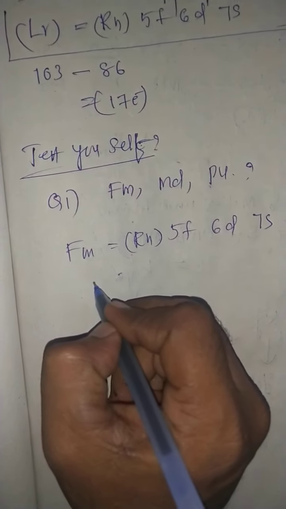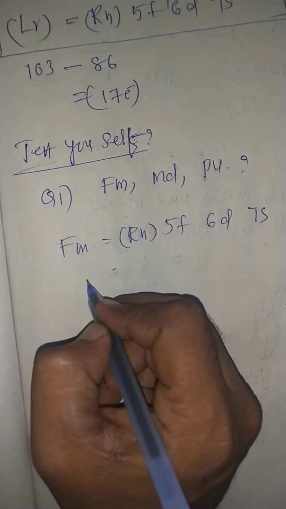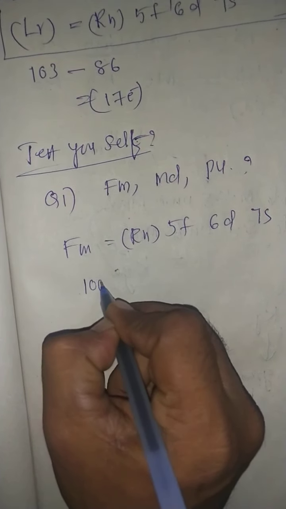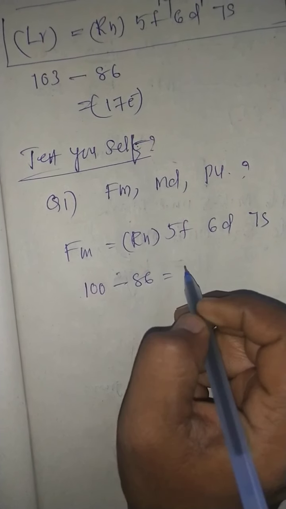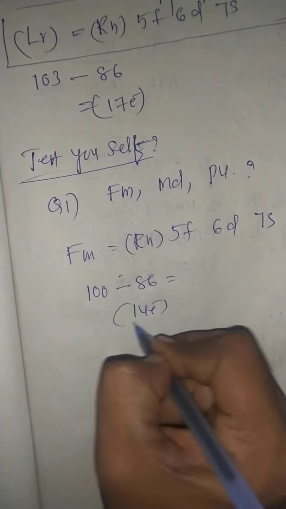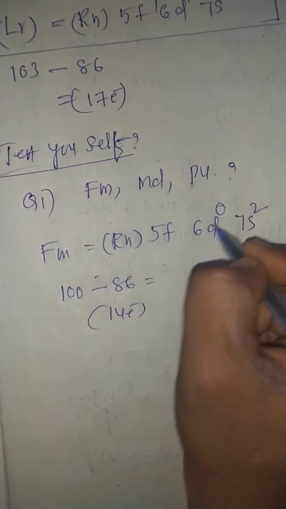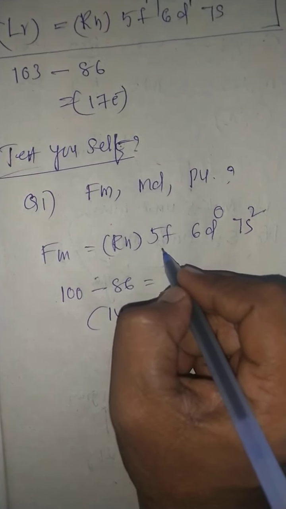What is the atomic number of fermium? 100 minus 86 means 4 plus 10, 14 electrons. Of these 14 electrons, 2 electrons are in 7s, 0 electrons in 6d. So here 12 electrons. So the configuration of fermium is radon 5f12 6d0 7s2.